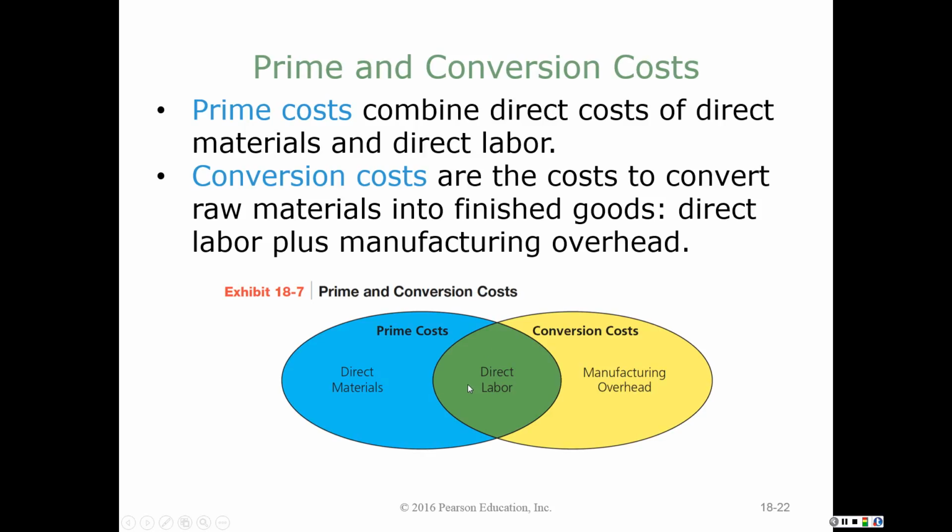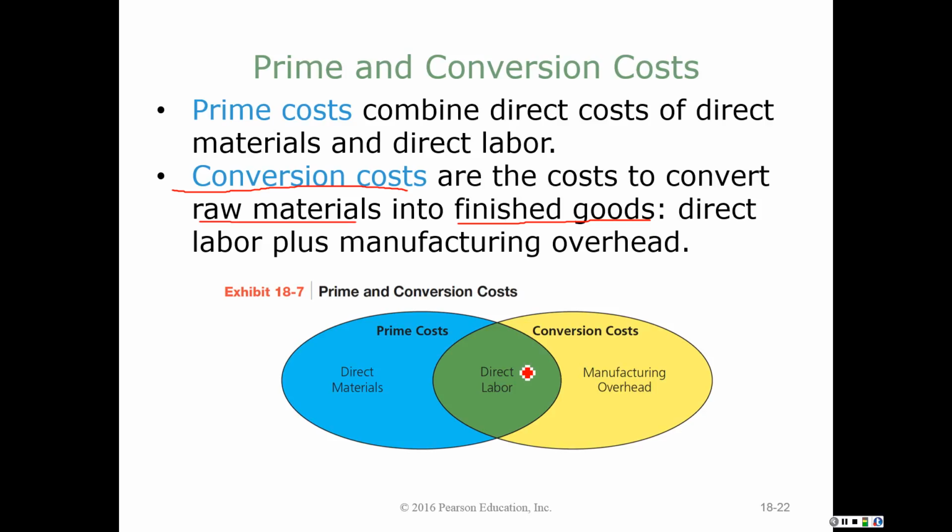Okay, and as I move them into work in process, it's their phrase that's familiar to you here. I am beginning to convert them to a finished good. So the process of converting my raw materials into finished goods means that there's some conversion taking place in work in process.